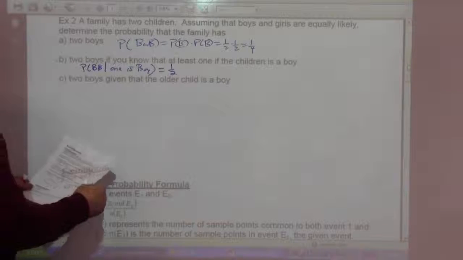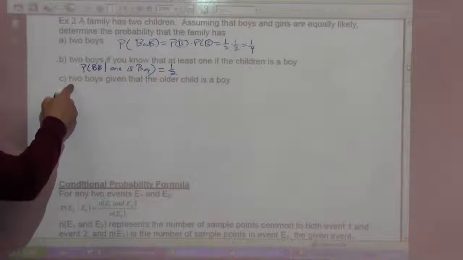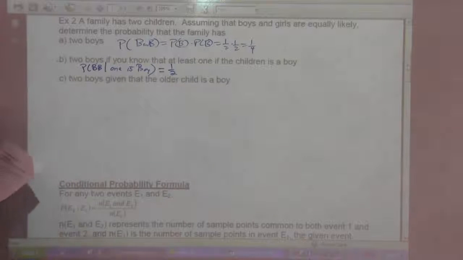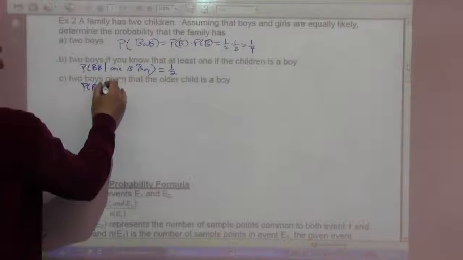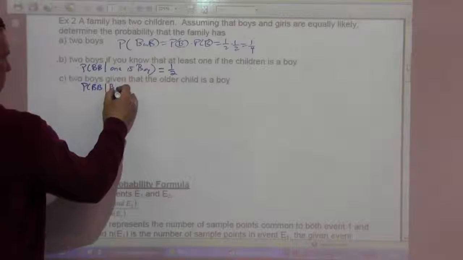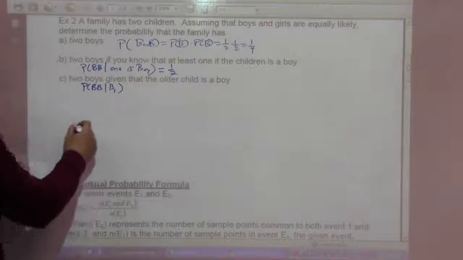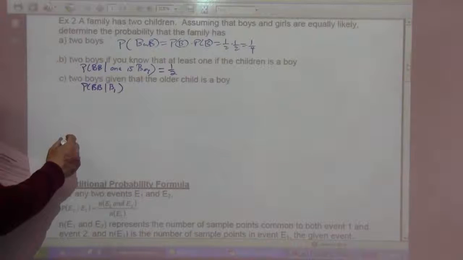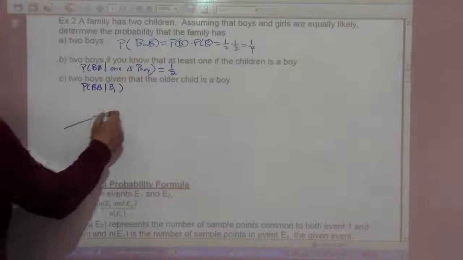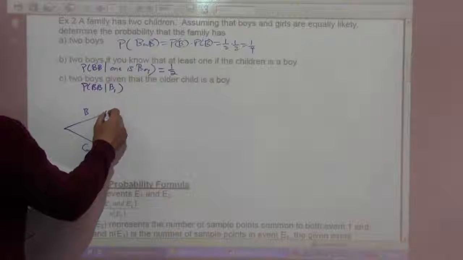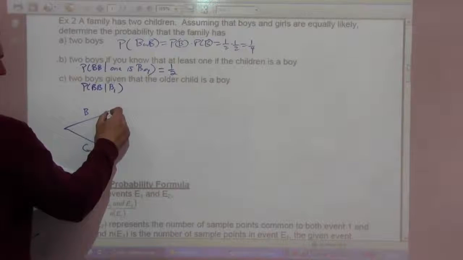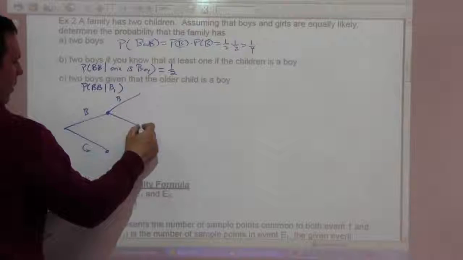For example, let me just draw a little diagram. Well, maybe I'll come back to this with C. 2 boys, given that the older child is a boy. So probability of boy, given boy was the first child born. So the first possibility that you could have had was boy, then girl. And then from the second child born, it could have been a boy or a girl.